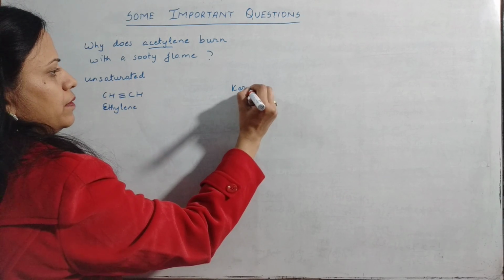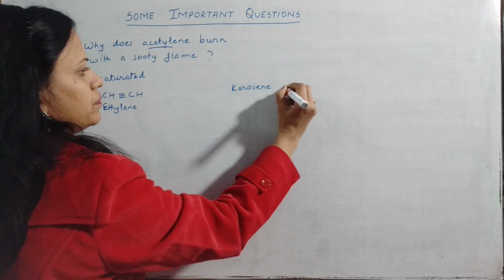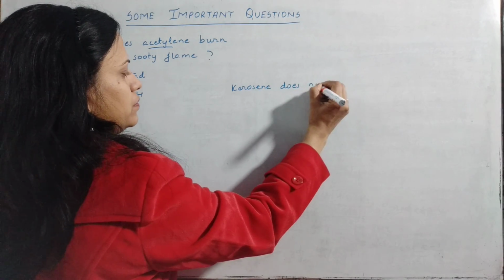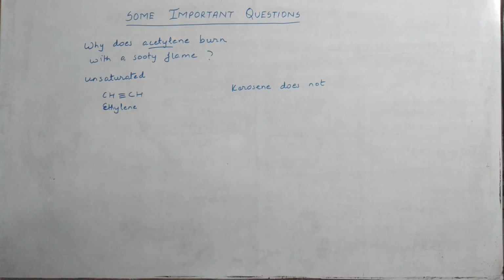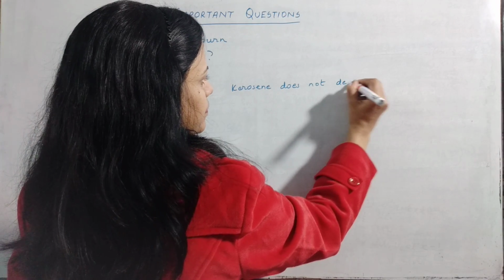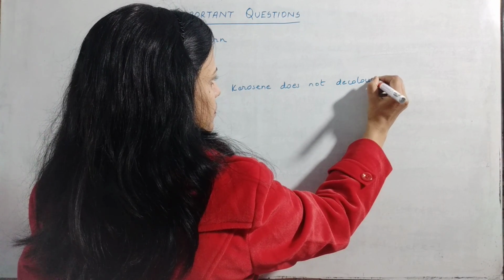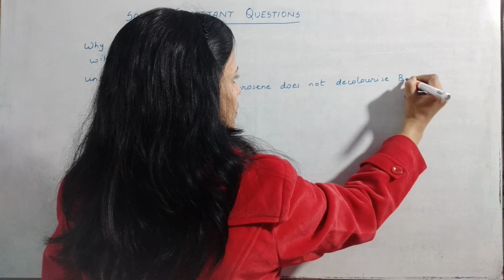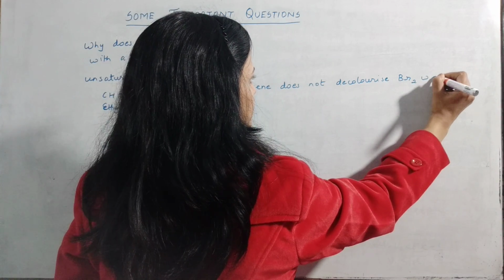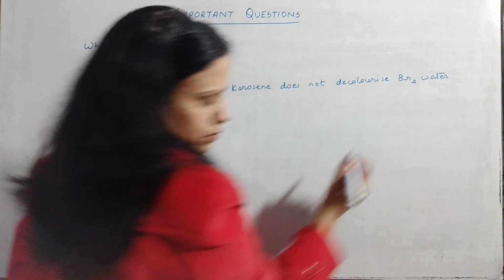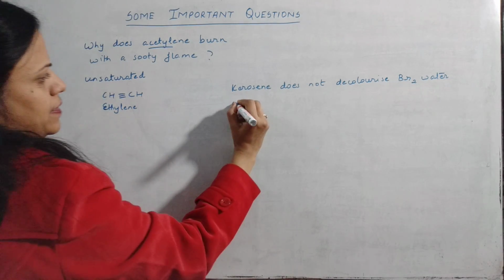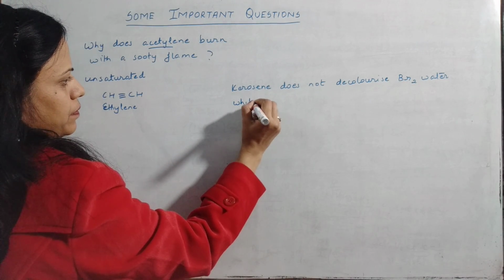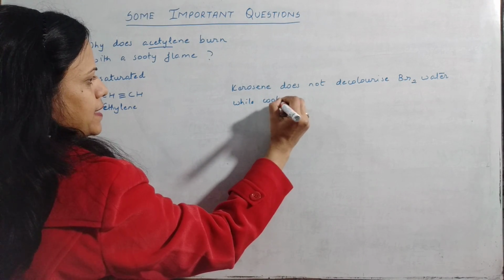One more question of the same type. Kerosene does not decolorize bromine water, whereas cooking oil does.